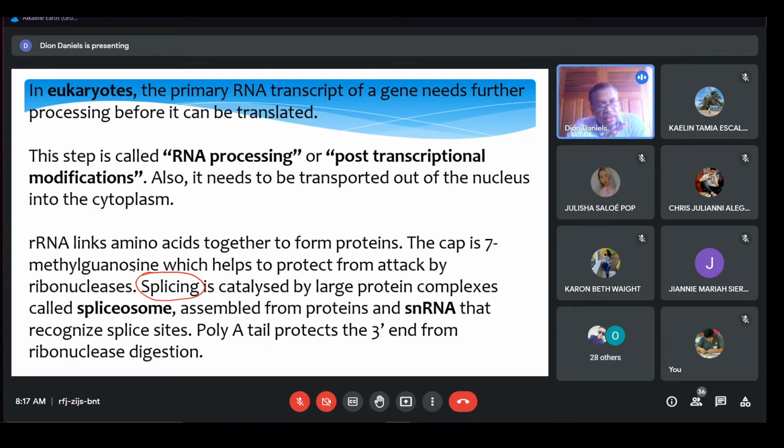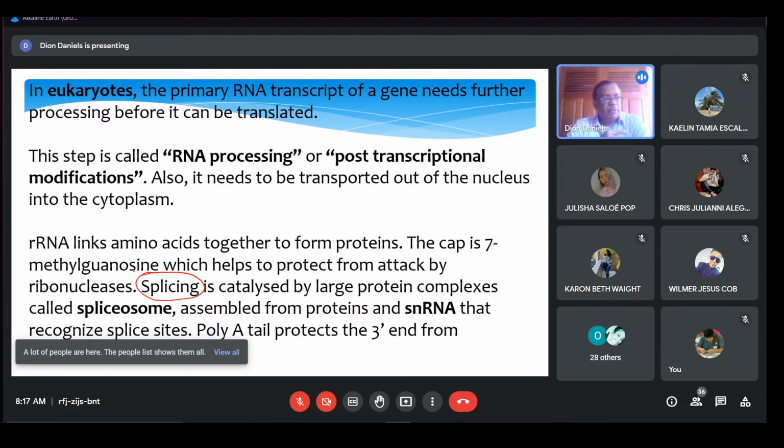So splicing is catalyzed by large protein complexes called spliceosomes, assembled from proteins and small nuclear RNA that recognize the splice sites. So remember we said that small nuclear RNA is only found in eukaryotes, not in prokaryotes.